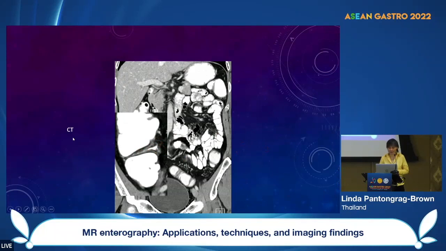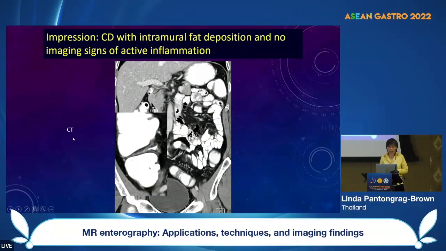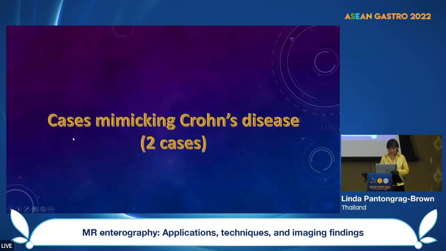So that is the fatty deposition in previous Crohn's disease with no imaging sign of active inflammation. If you treat these patients well, they could revert back to normal. That is what we like to see. But often it also progresses into active disease again.